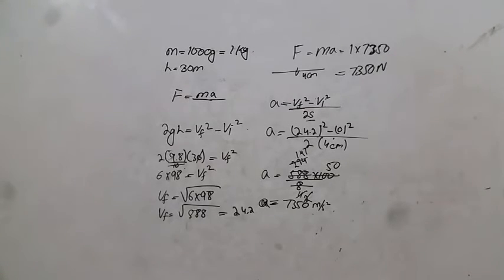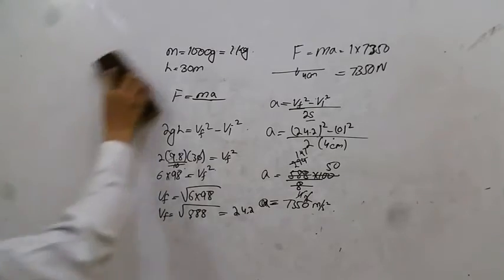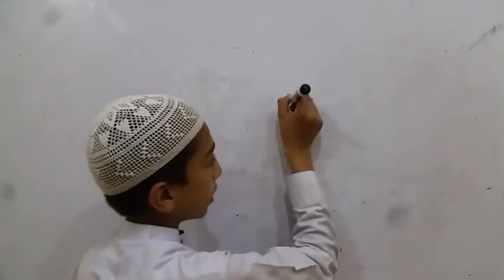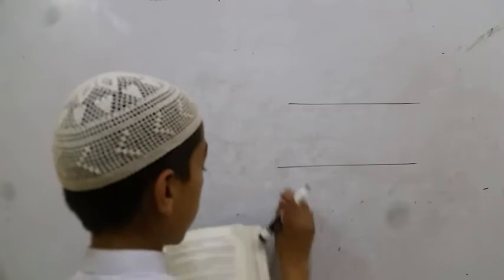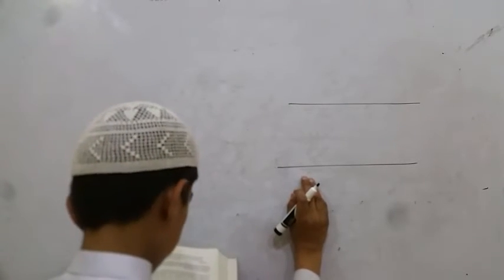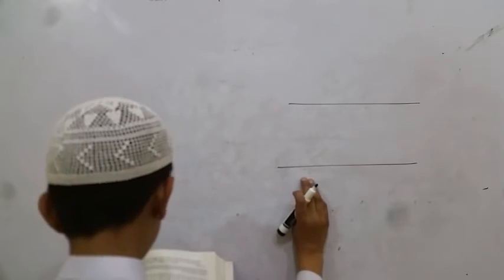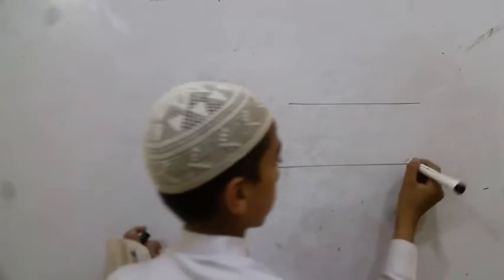Now the eighth numerical problem is: a body of mass m drops from a bridge into the water of the river. Here this is the bridge and this is the water of a river. The bridge is 10 meter high from the water surface.